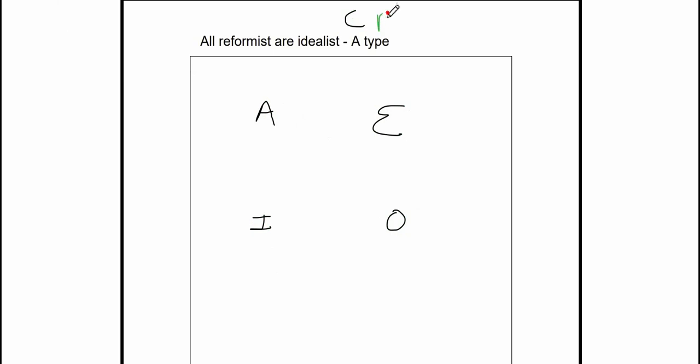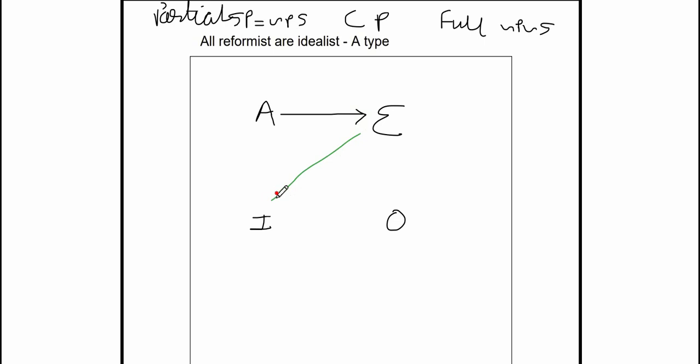This side will be full and this side will be partial. So for contrapositive, partial SP becomes non-P S and full becomes non-P non-S, and the rule is A to E, E to I and O to I.